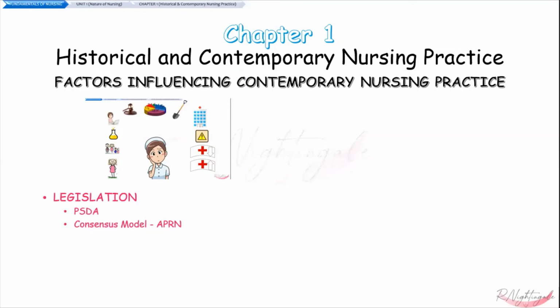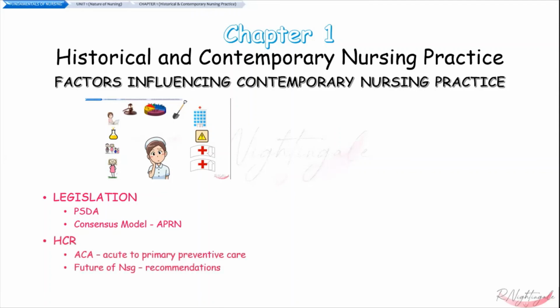And specifically, we discussed in legislation the PSDA, or the Patient Self-Determination Act, in which we should discuss with every patient prior to their admission their rights to accept or refuse any medical care. Also, we've discussed the consensus model, which regulates the uniformity in the practice of advanced practice registered nurses.